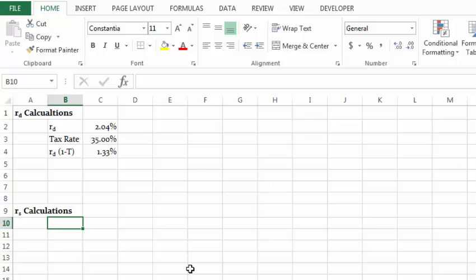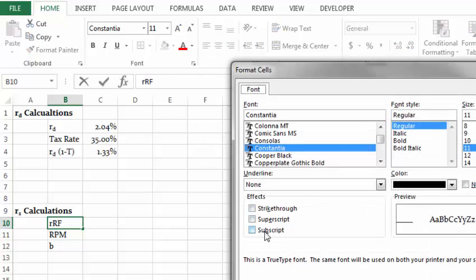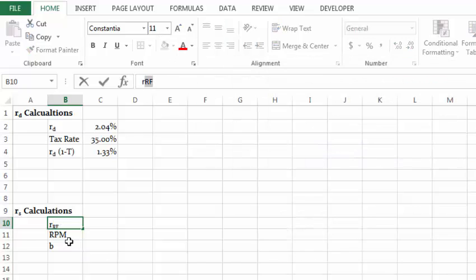With R sub S, we're going to be taking a look at the different components, which are the R sub RF, the RPM, and the beta. And yes, I'm having to adjust each one of these so that we get the subscripts in the right place because I'm anal that way, so deal with it.